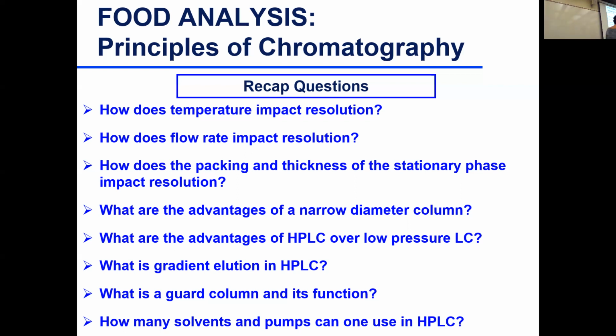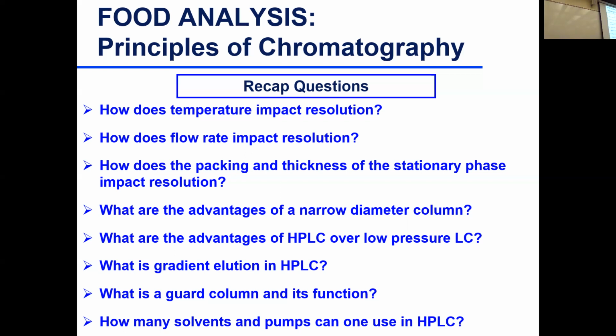Okay, how does the packing and thickness of the stationary phase impact resolution? I think like the thinner your stationary phase is, the better your resolution is. Yes, so the thinner the stationary phase, or it is basically capillary. If we talk capillary column, they have very thin layer of stationary phase.